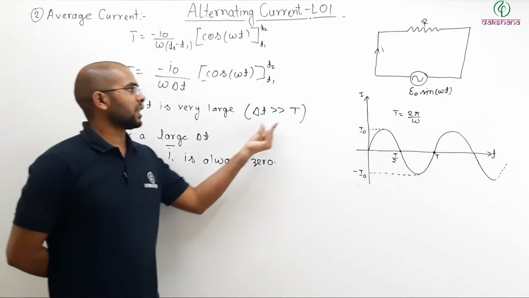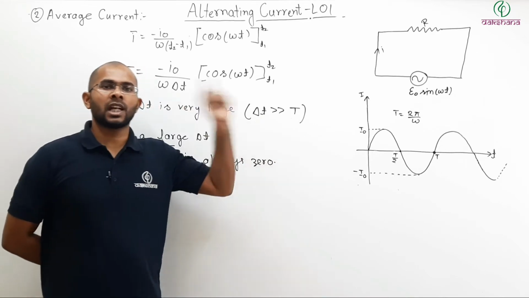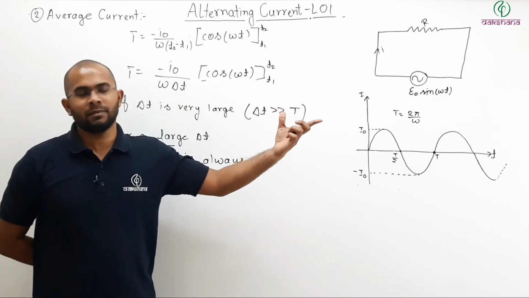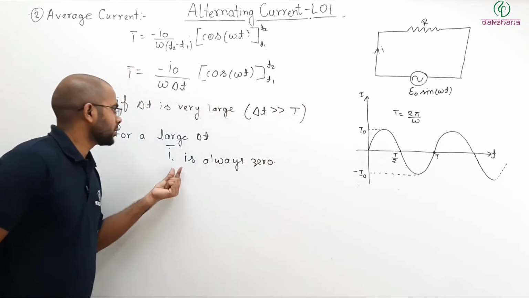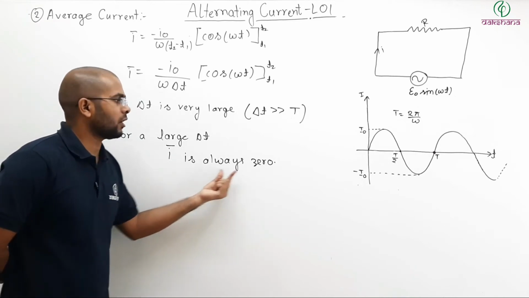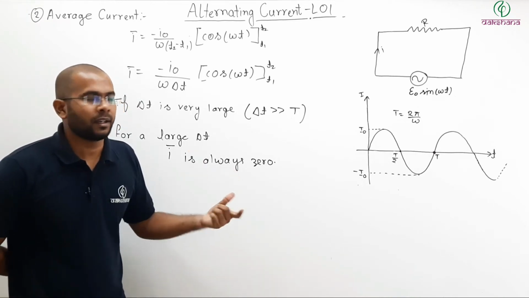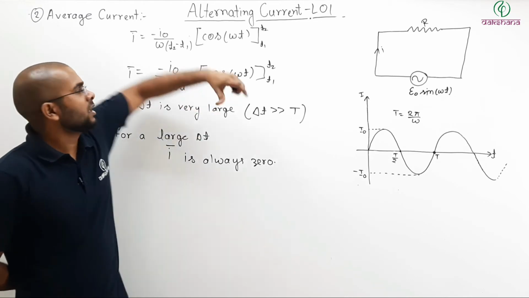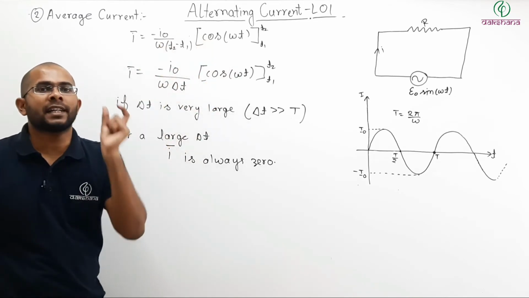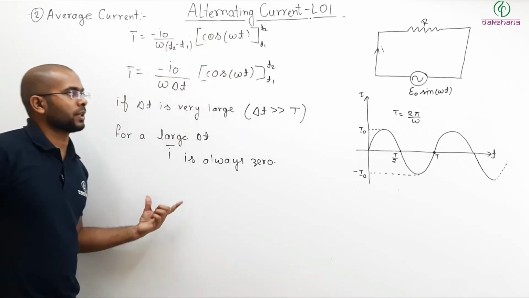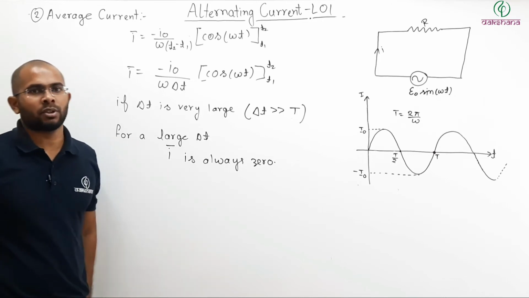So if delta t is very much greater than the time period, 2 pi by omega, then you can say it is a very large period of time, and for that period of time your I average is always 0. Why? Because the denominator is very large but the numerator has a finite value. Pause the video, note it down, then we will solve a question based on this.